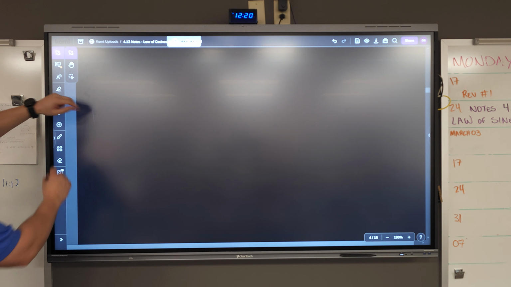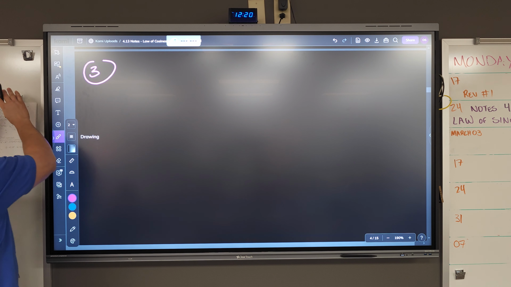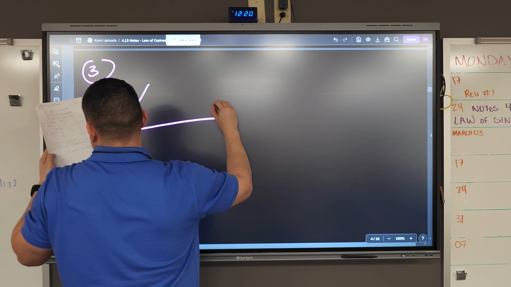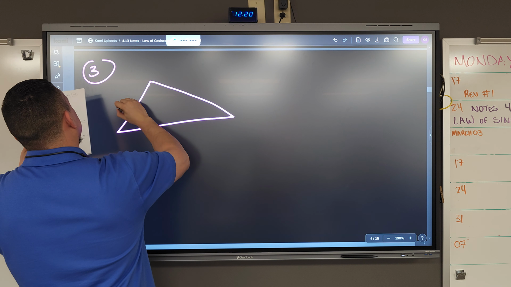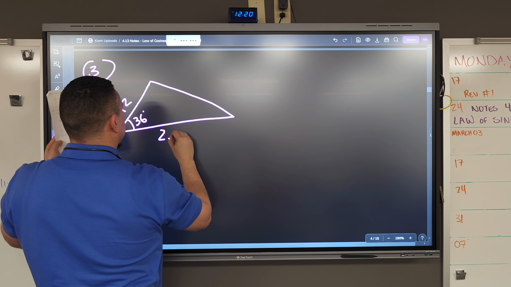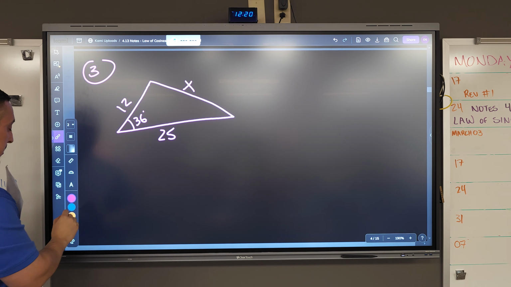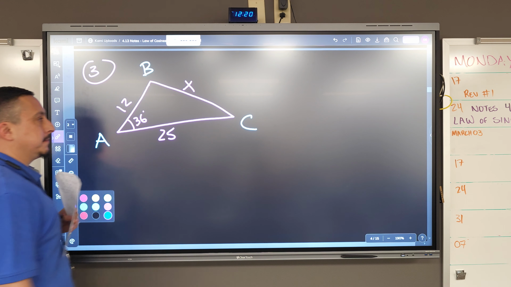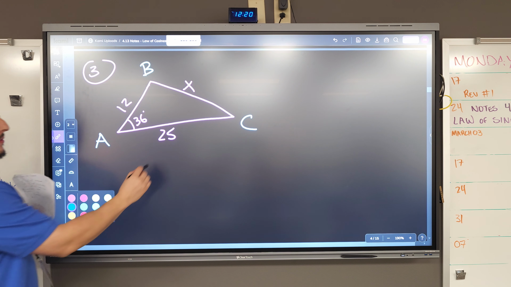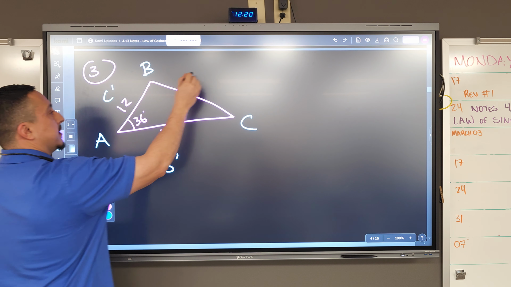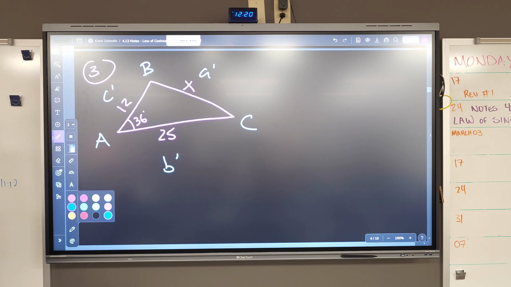Okay, last one. A, B, C. Side B, side C, side A. This time, no Google Maps, right?